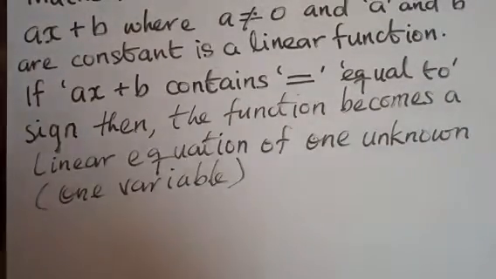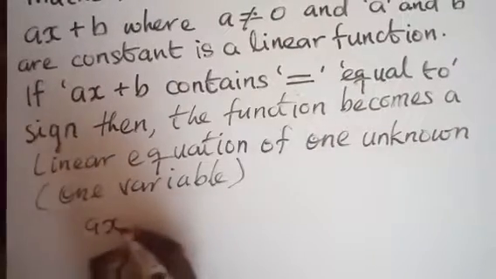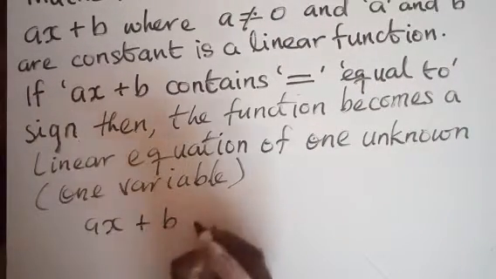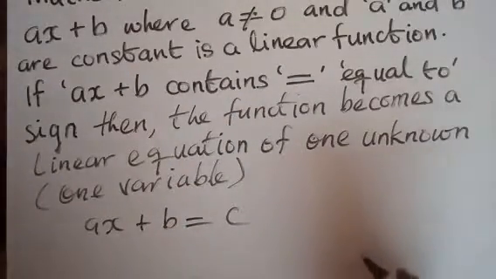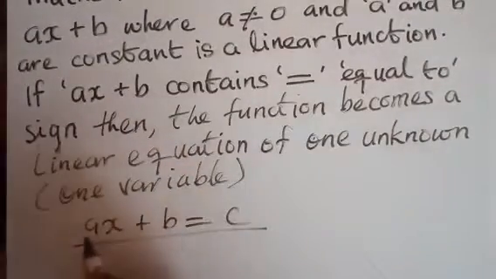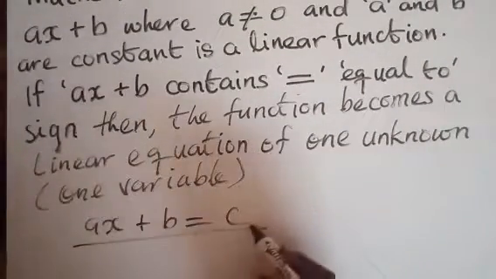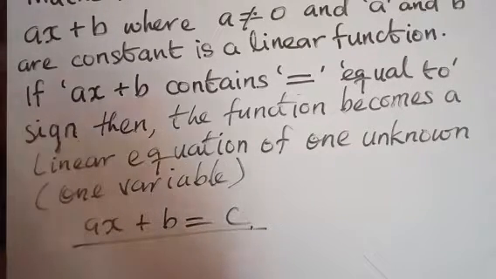In that regard, the equation becomes ax plus b equals c. So this is a linear equation. Now a, b, and c are constants, and x is the only unknown variable which will be searched for.